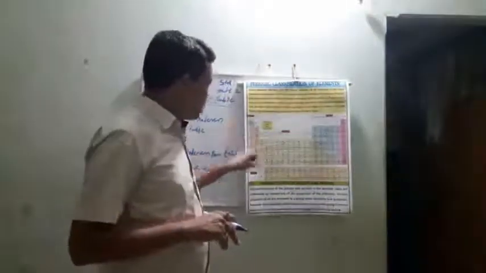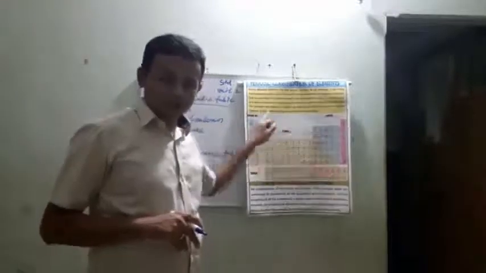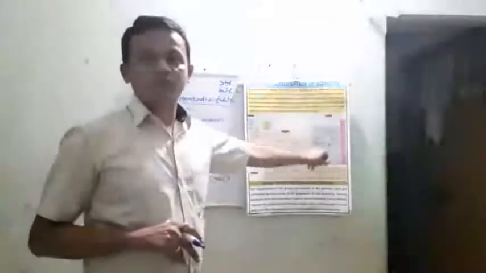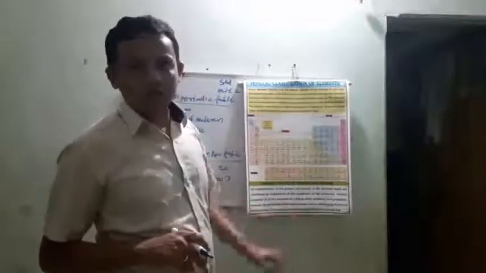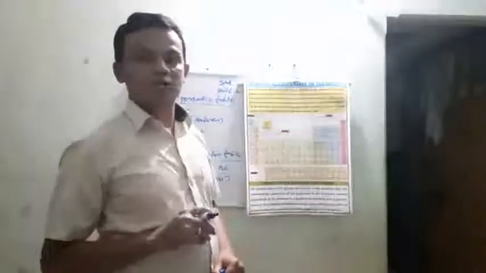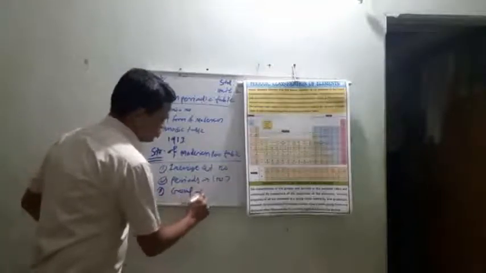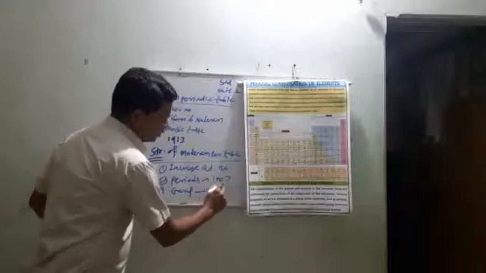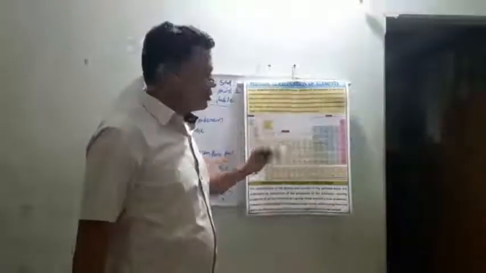Similarly, there are vertical columns. You can see here there are 18 vertical columns given in this modern periodic table, and these vertical columns are known as groups. So next, groups. There are 18 groups present in this modern periodic table.